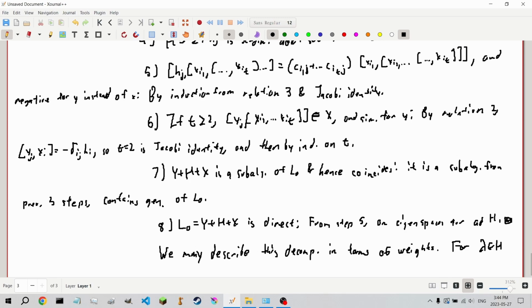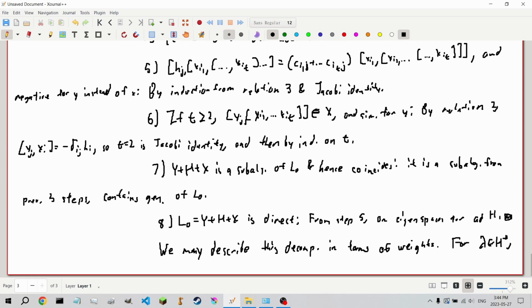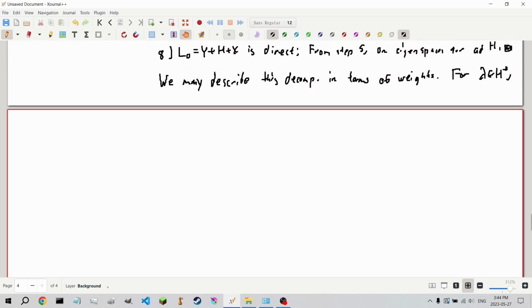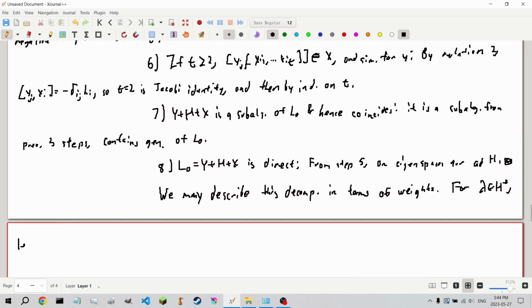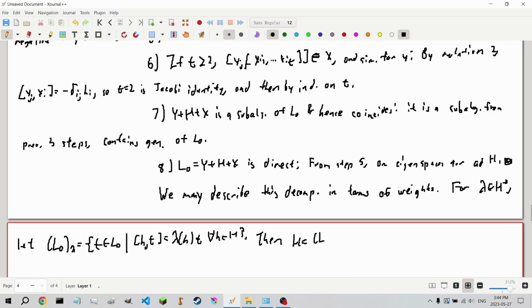For lambda in H star, let L naught lambda be the set of t in L naught where the action of H on t is lambda of h times t for all h in H. Then H is L naught 0.